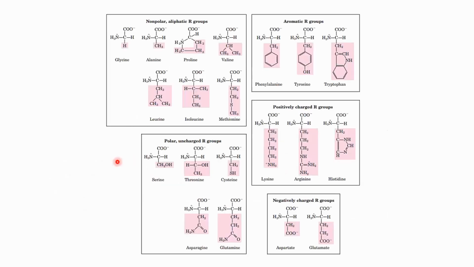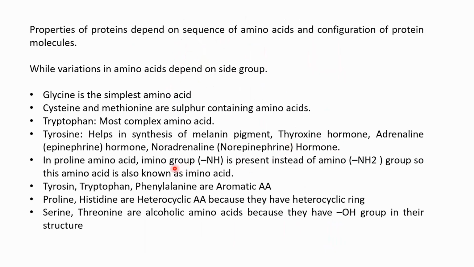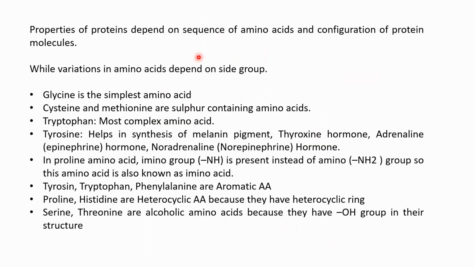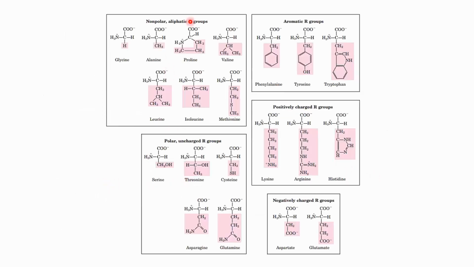In the case of proline, if we look at the figure, proline is a special case again. What we find is that in proline, instead of the NH2 amino group, there is an NH group present.